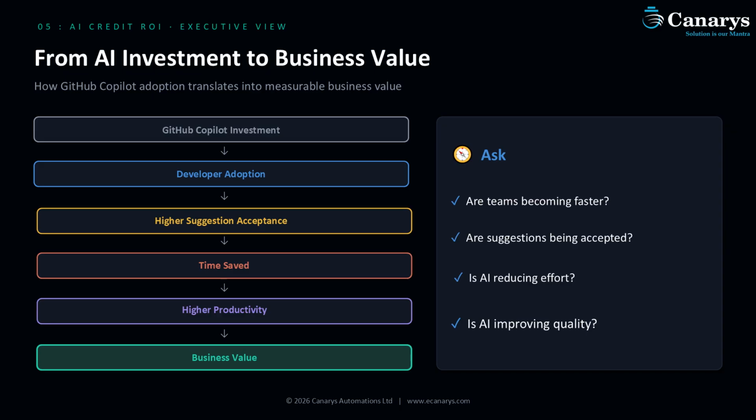From a leadership perspective, these are the questions that matter most. Are our teams becoming more productive? Are developers accepting Copilot suggestions? Is AI reducing development effort? And most importantly, is our GitHub Copilot investment delivering measurable business value? This complete value chain is what transforms GitHub Copilot from an AI tool into a measurable business investment.